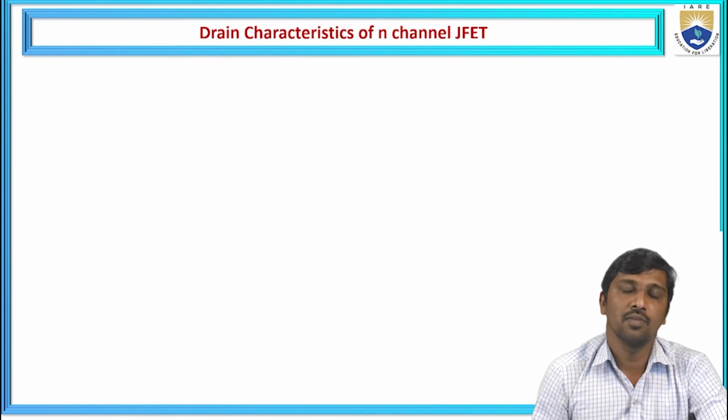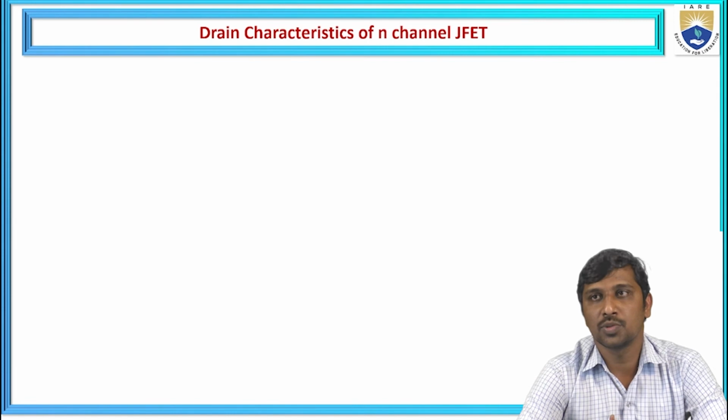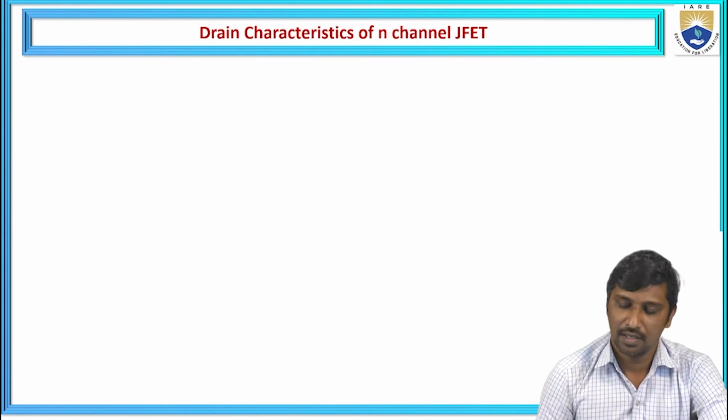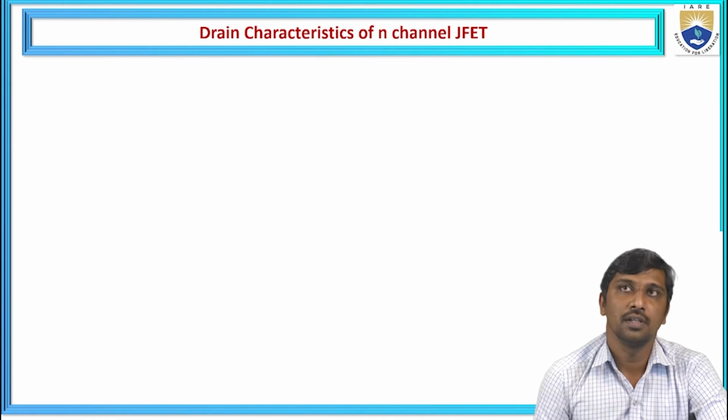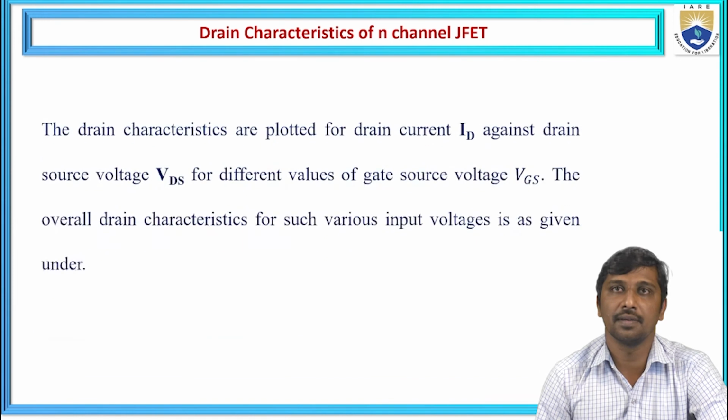Now we will see what happens while changing the gate to source voltage, by applying the drain to source voltage. Hence, we are going to find the drain characteristics of the N-channel JFET.